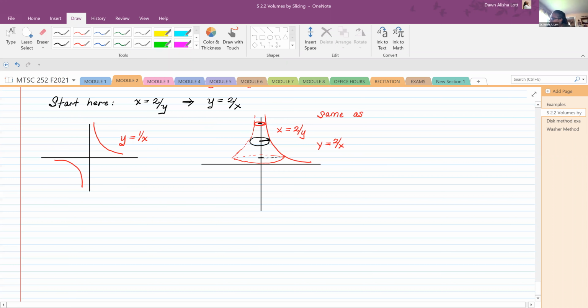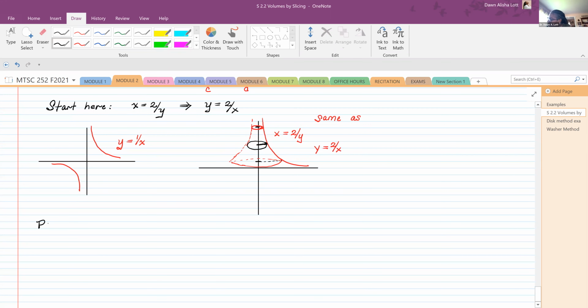So now I get that my radius is equal to 2 over y. So now the volume is the integral from c to d of pi times 2 over y squared dy.